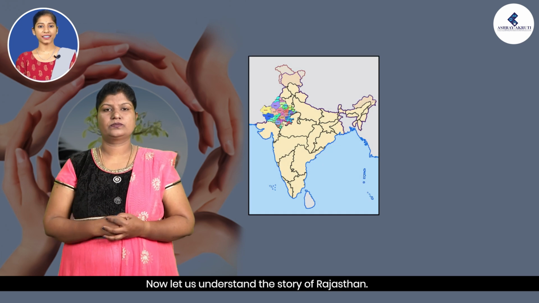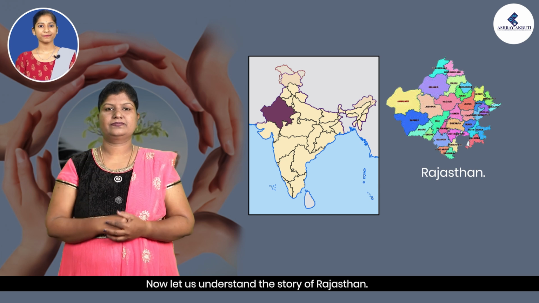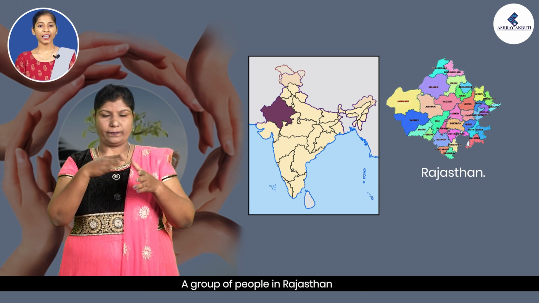Now, let us understand the story of Rajasthan. A group of people in Rajasthan organized themselves under the banner of Mazdoor Kisan Shakti Sangathan, MKSS. There was no legal provision to get details of information from the government to the people.